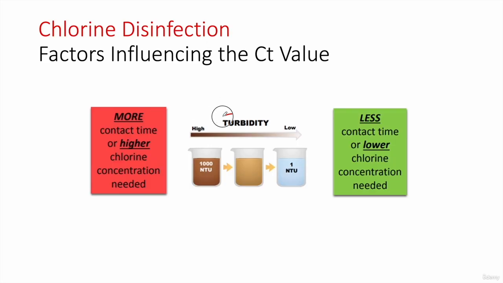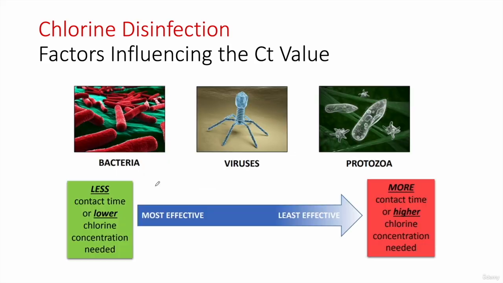Next, the water's turbidity. In other words, the effectiveness of my pre-treatment. Was my sedimentation effective? Was my filtration effective? Thus, I will have low turbidity water, less than 1 NTU. Consequently, less contact time or lower chlorine concentration will be needed. If my water is still turbid, I will need high contact time and chlorine concentration.